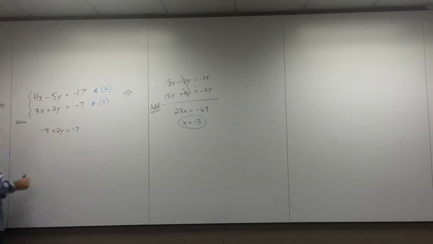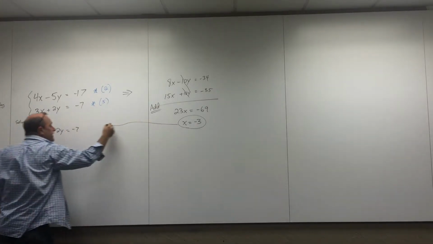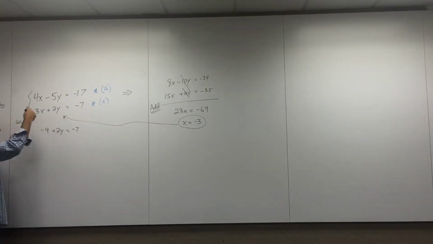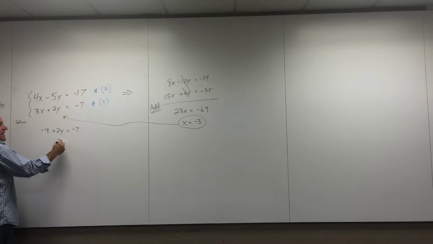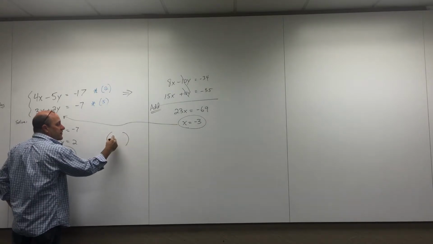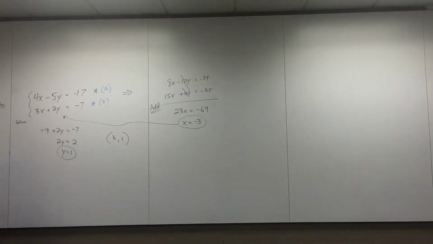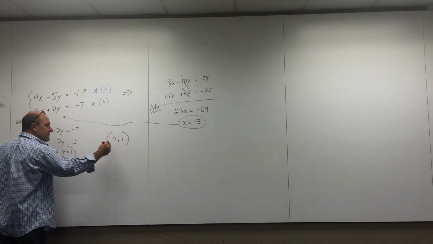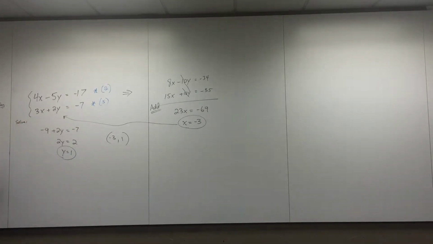And now I solve. I call that back substituting into one of the equations. If I add that 9, that's a 2. Divide by 2, y is 1. We're finished. We found the answer: negative 3, 1.